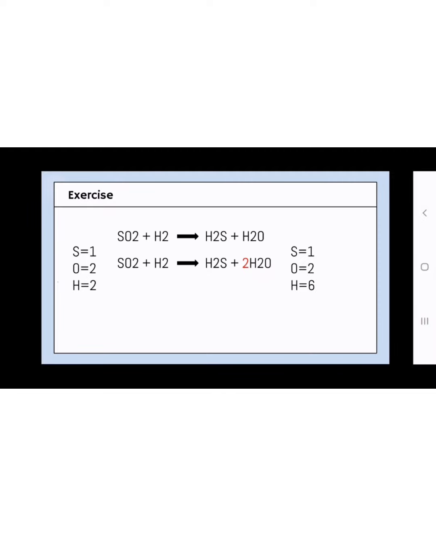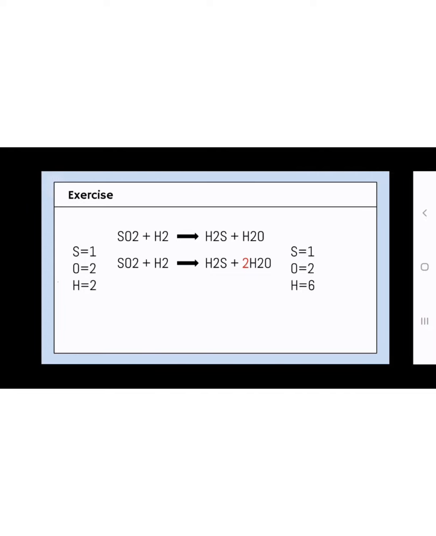In the product, we can put the coefficient of 2 to H2O. If we multiply the coefficient by the number of atoms of hydrogen, it will give us as a result 4 atoms of hydrogen. And if to those atoms of hydrogen we add the other 2 atoms of hydrogen that are in the first part of the product, we will be left with 6 atoms of hydrogen in the product.